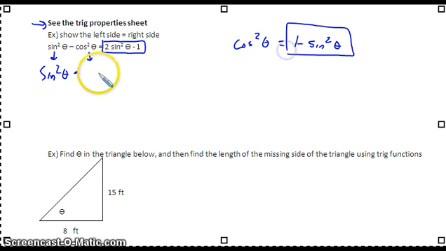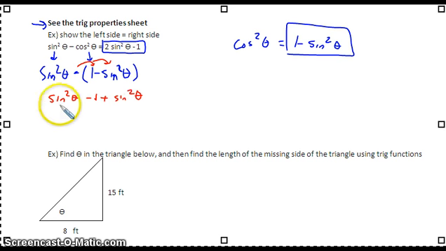And notice I'm putting it in parentheses because I need to use the distributive property. If I don't put the parentheses there, I think I'm only subtracting the 1. So now what I'm ending up with is sine squared minus 1 plus sine squared. And if I combine my like terms, a sine squared plus another sine squared makes 2 sine squared, and then minus 1. And so notice that this is exactly the same as that.